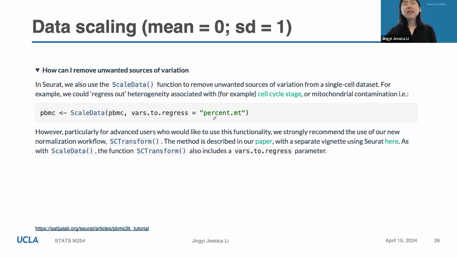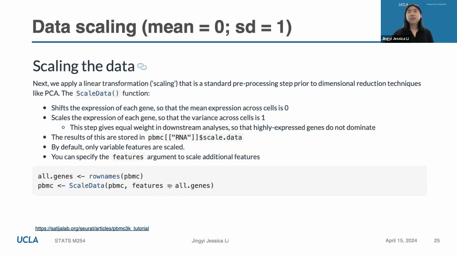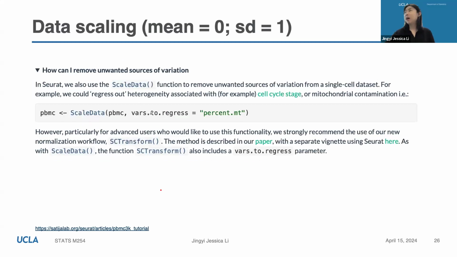But for the remaining cells, maybe their percentages of mitochondria still vary. They're not equal to each other. So you might want to regress it out so that it's no longer affecting your data. So scale data has this option. But the authors say it is particularly for advanced users, because the default doesn't regress out any variables; you have to specify it yourself.